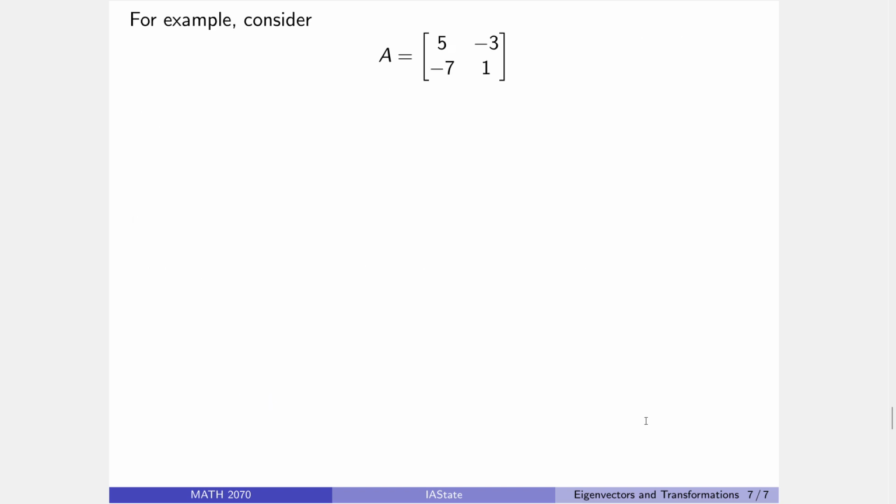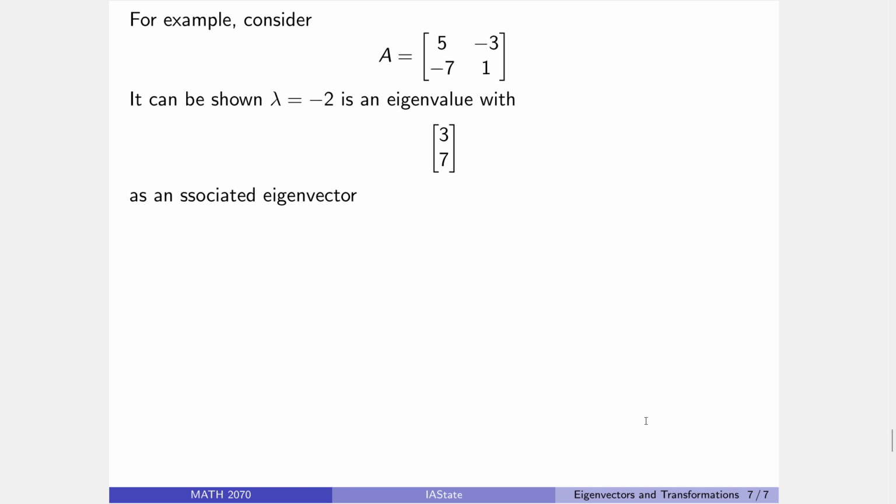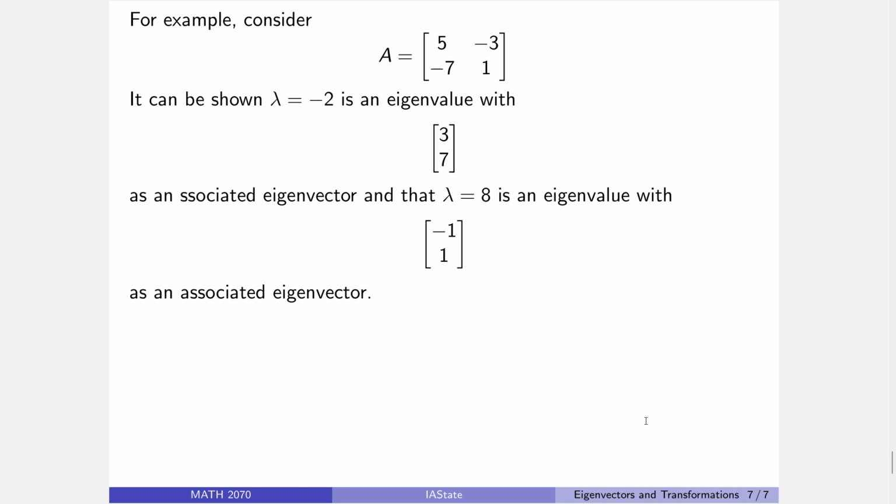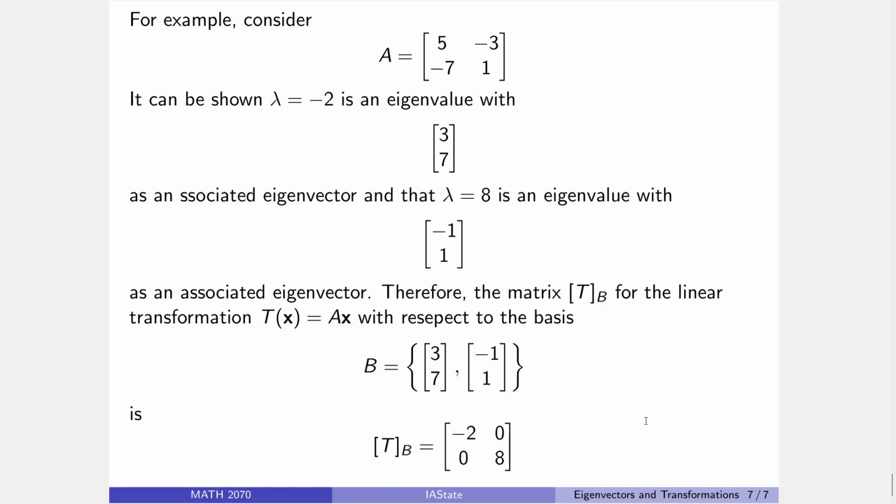For example, if I have a matrix A here, 5, negative 3, negative 7, 1, I can show that negative 2 is an eigenvalue if that is an eigenvector. Likewise, that's an eigenvalue if that is an eigenvector. So for the linear transform that multiplies by this matrix A, the matrix with respect to the basis generated by these eigenvectors has to be the matrix that has the associated eigenvalues on its diagonal.